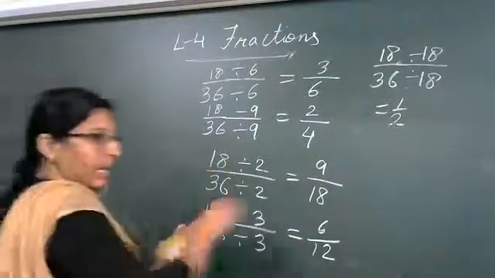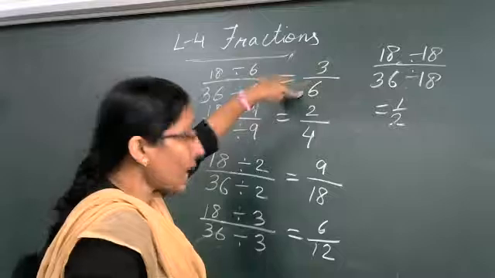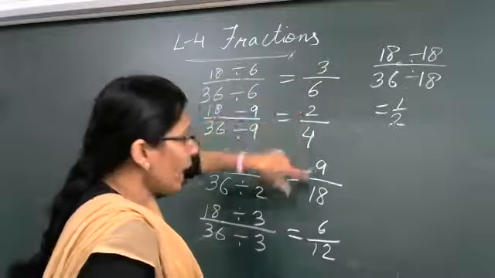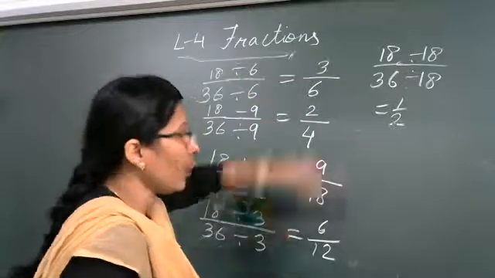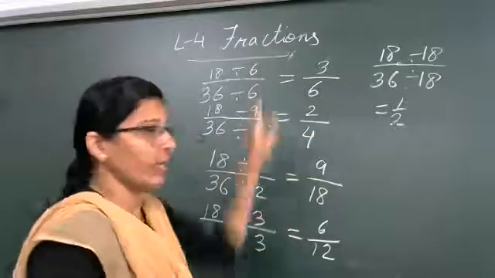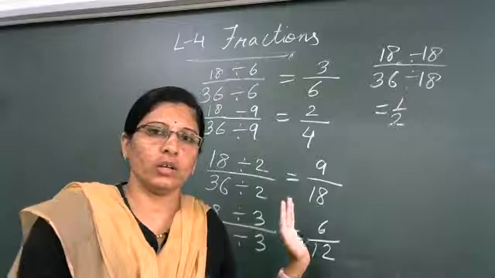That means 18 by 36 will have 3 by 6 also as an equivalent fraction, 2 by 4 also, 9 by 18 also, 6 by 12 and 1 by 2 also. So all these are the equivalent fractions of 18 and 36.